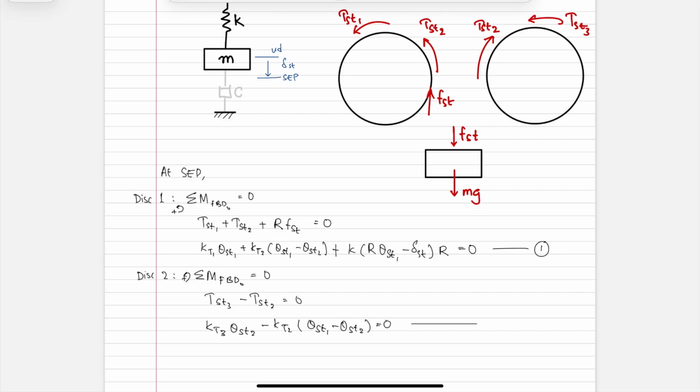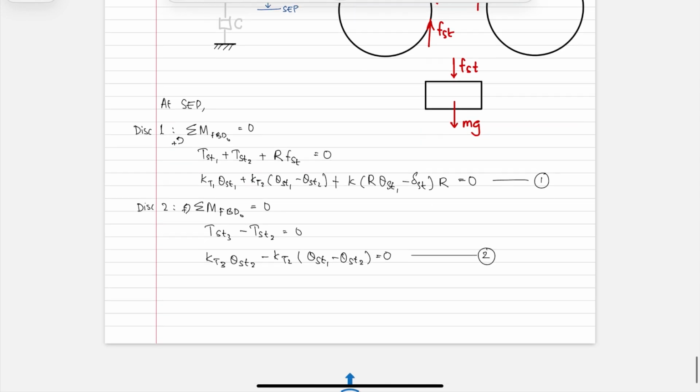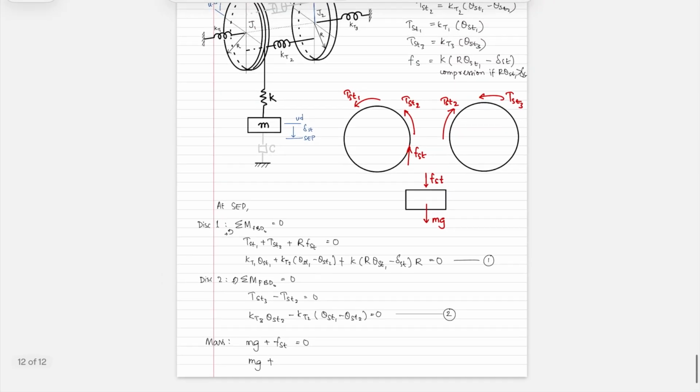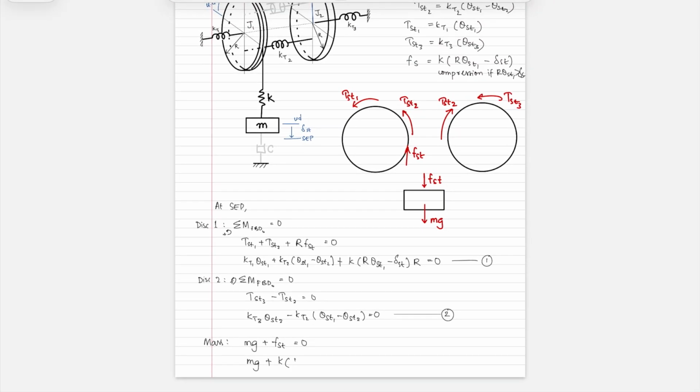That is the second relation at SEP. And for the mass, you then have mg plus Fst is equal to 0, giving you mg plus, what we had here was k times r theta st1 minus delta st, is equal to 0. See the third relation?